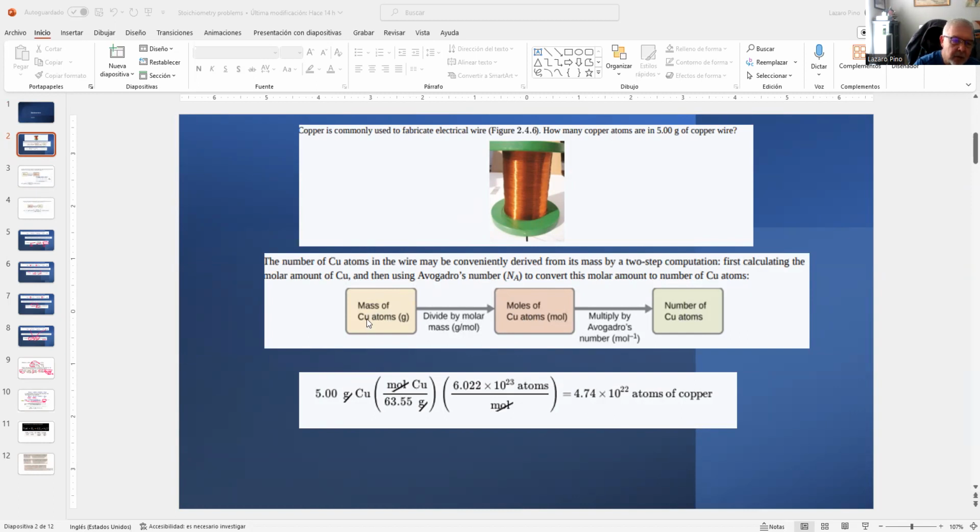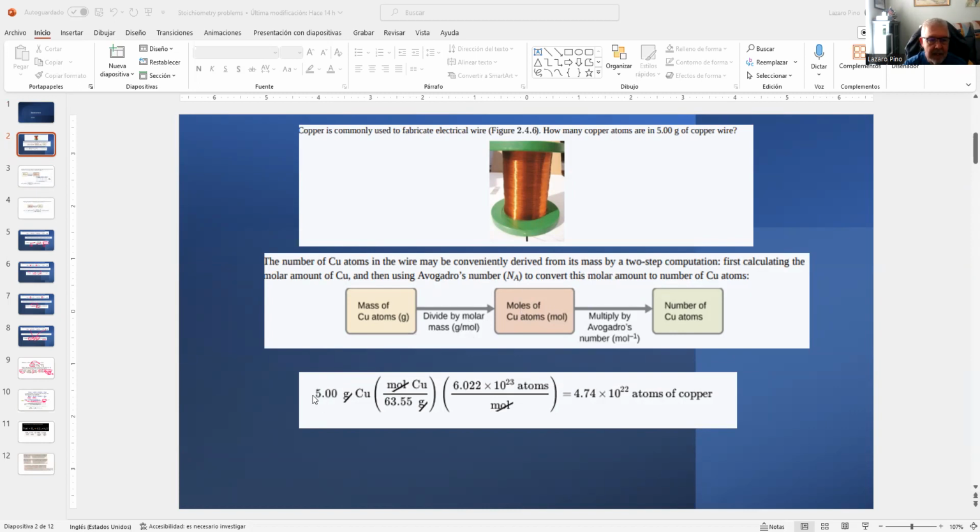If it is an atom, you will use the atomic mass that is in the periodic table. If it is a compound, you have to calculate the molar mass. When you have moles of the atom, using Avogadro's number, you can go from moles to number of atoms.